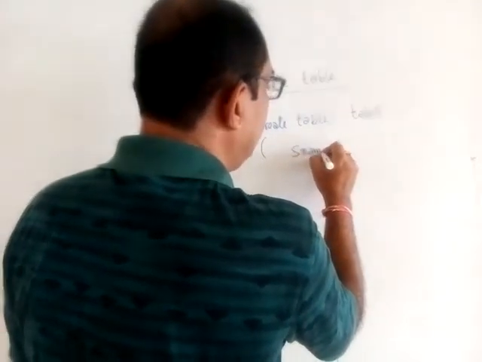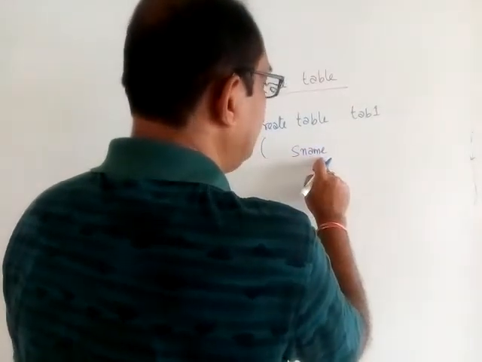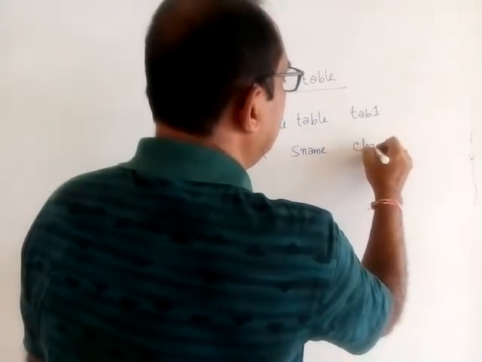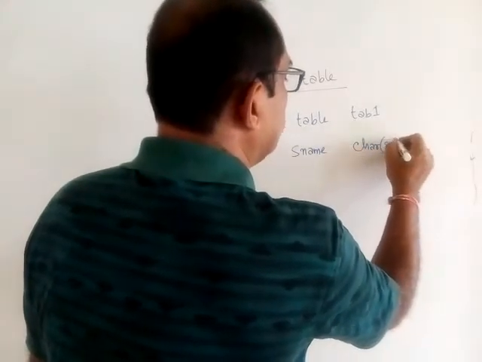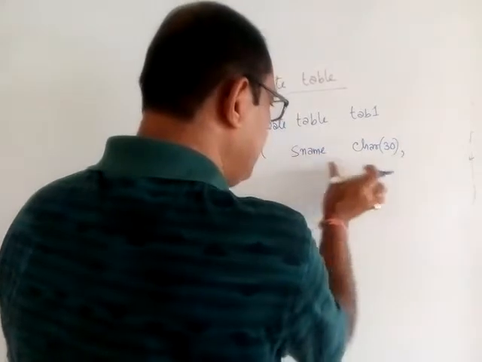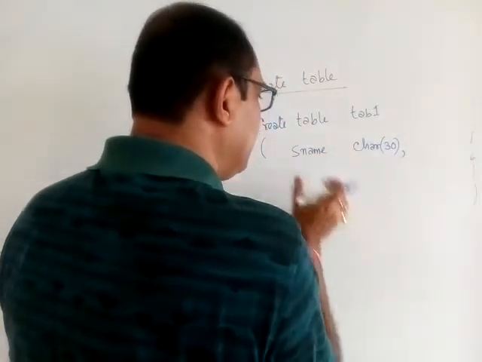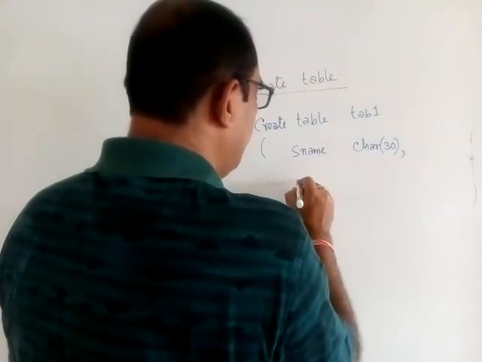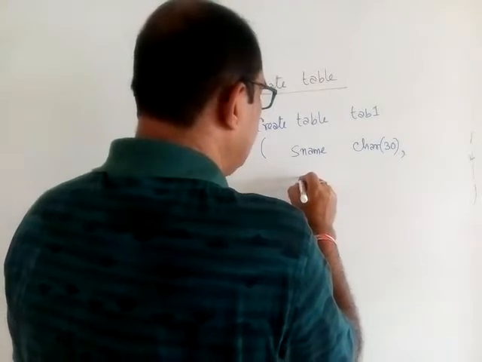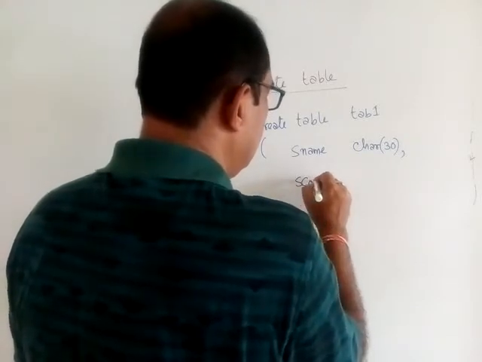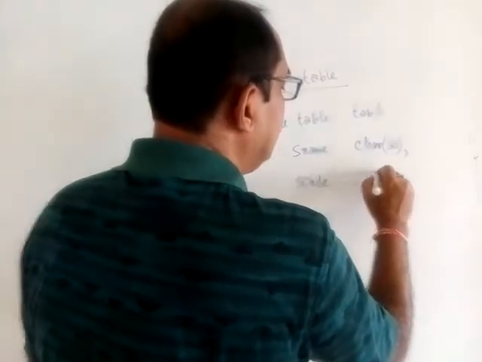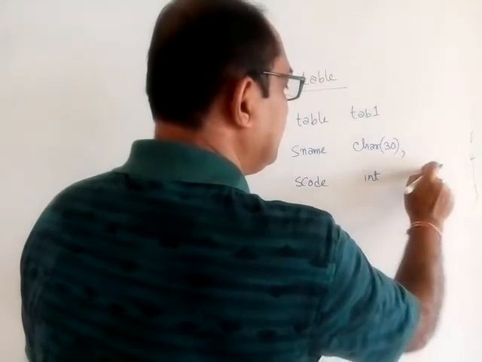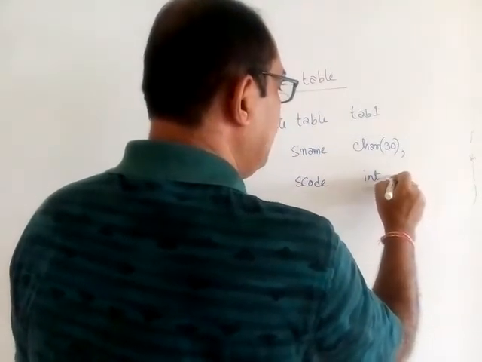This is my field, or you can say attribute, and it is of char 30, comma. This is how we give commas and write in a structured manner. Say I took S code, which is an integer.